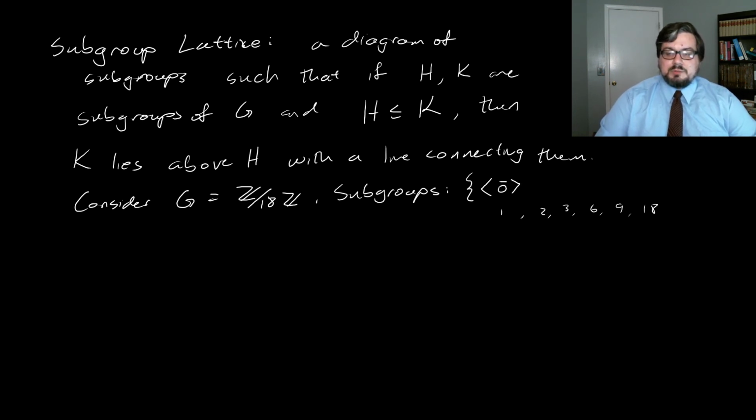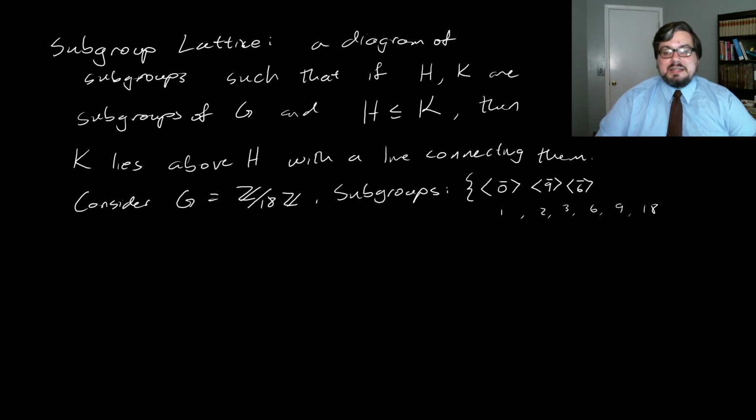Now, the subgroups with these orders are the following. The subgroup generated by 0 is the subgroup of order 1. It has only one element in it. The subgroup of order 2 is the subgroup generated by 9. The subgroup of order 3 is generated by 6.